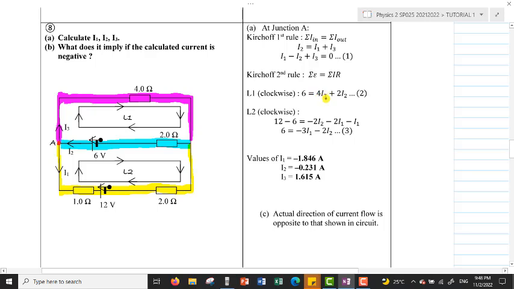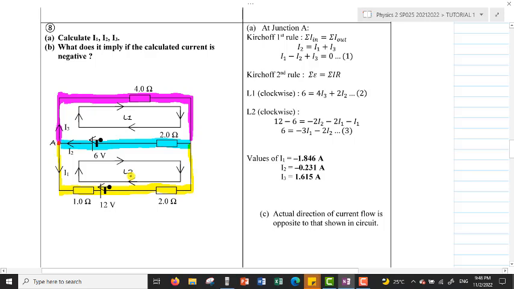So we have 4I3. And then for the 2 ohm resistor, the current that flows along this circuit path is I2. If we compare the direction of I2 with the direction of loop 1, the direction is the same. So we have positive I2 multiplied with the resistor value of 2 ohms. So we have 2I2. So this will be our second equation.